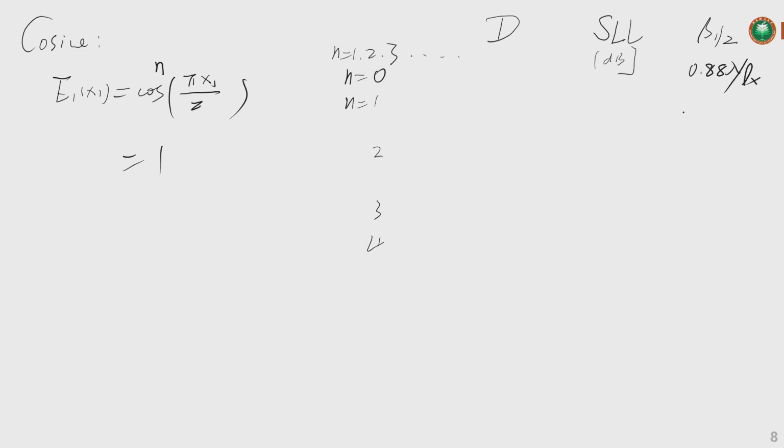Alright? So for n equals 1, it becomes the same function, and the beamwidth becomes wider. And this one is the side lobe level. When n equals 1, it is reduced naturally, with the sacrifice of the beamwidth.